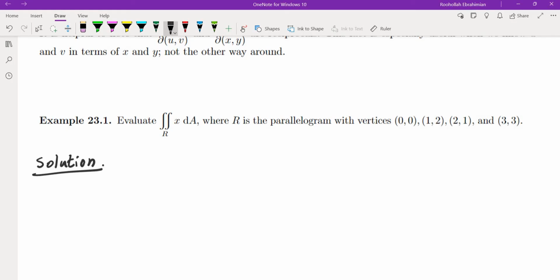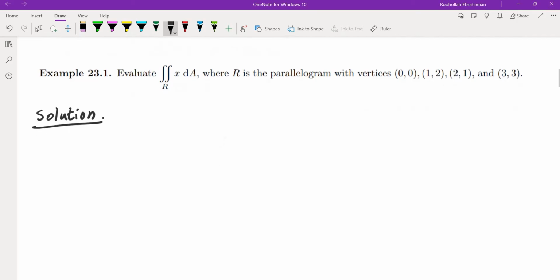Evaluate the double integral over R of x dA, where R is the parallelogram with vertices (0, 0), (1, 2), (2, 1), and (3, 3). The first thing we're going to do is graph the region as usual.